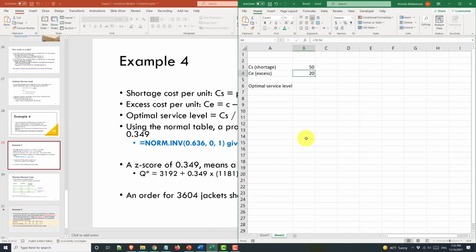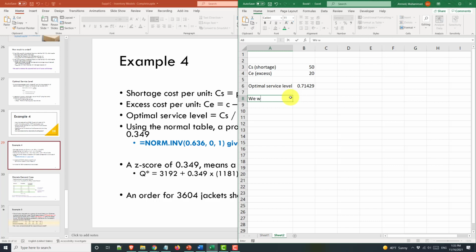by CS plus CE. So we take our CS and we divide that by the sum of CS and CE, and that is 0.714. Okay, so what that means is that we want to have a probability of 0.71 that the demand will be less than or equal to whatever quantity we order.